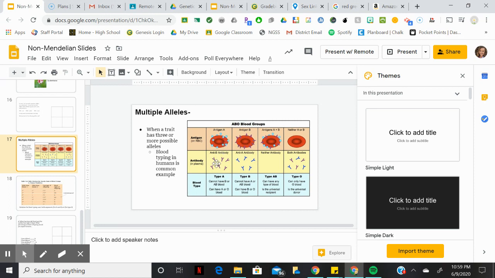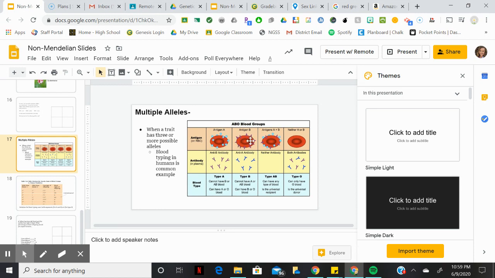However, if you are type A, you have antibodies that are designed to attack B antigens. Let's say you are type A and you are supposed to have these red blood cells floating around, but for some reason you get a transfusion or you drink blood, whatever the case may be, and you have these red blood cells floating around in your bloodstream.